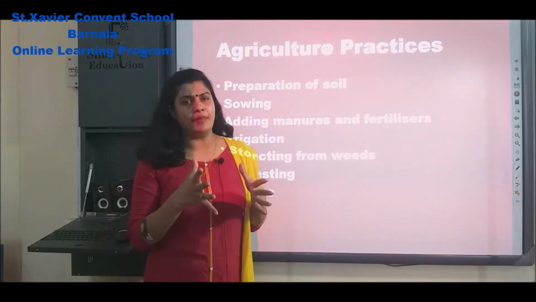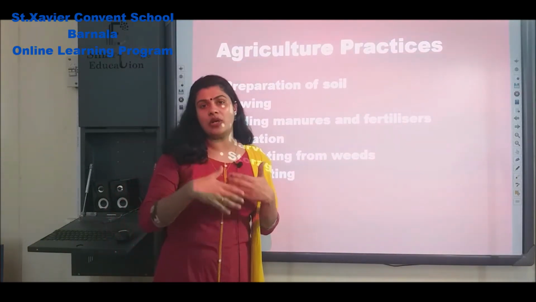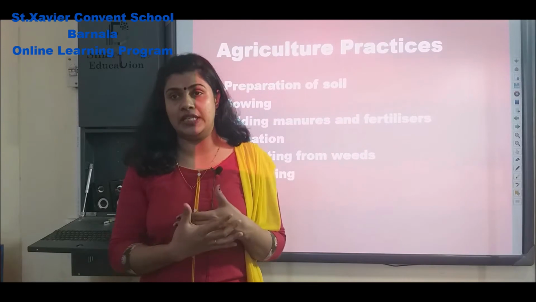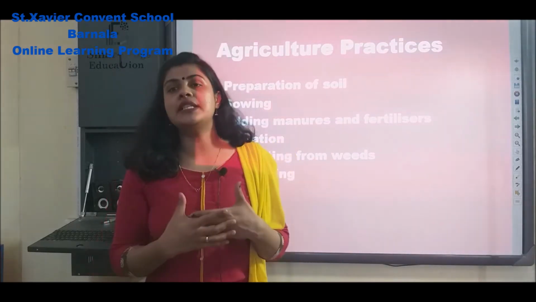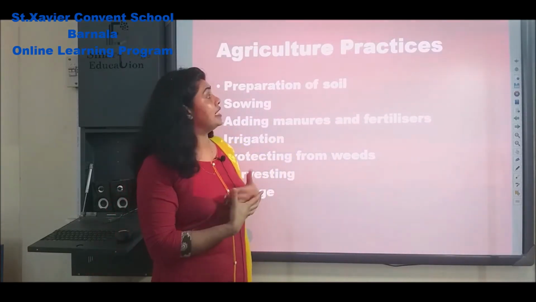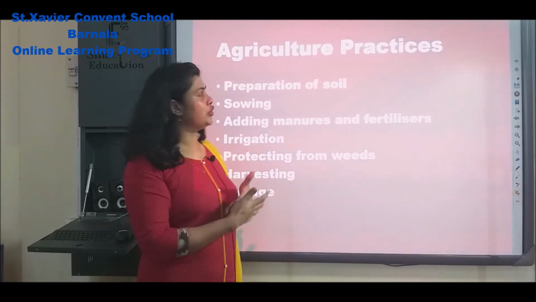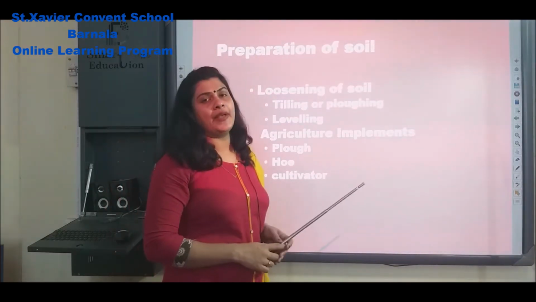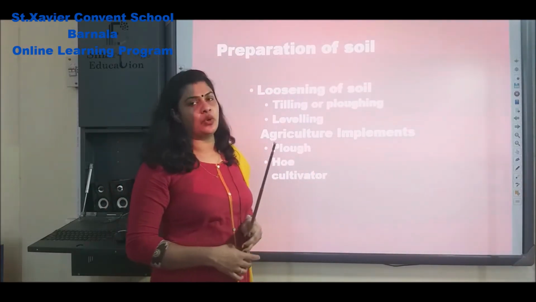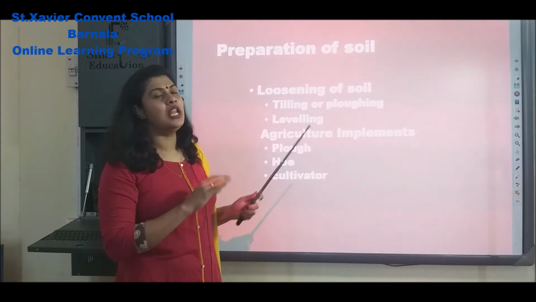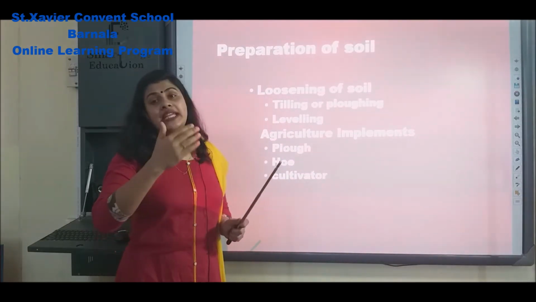Agriculture is not a simple procedure. It requires a step-by-step procedure. So the farmers are practicing some agricultural practices that we are going to discuss. First step is the preparation of soil. In that, the first one is loosening the soil.